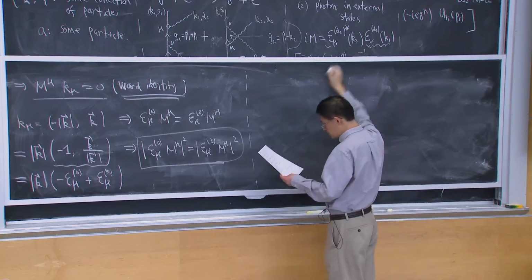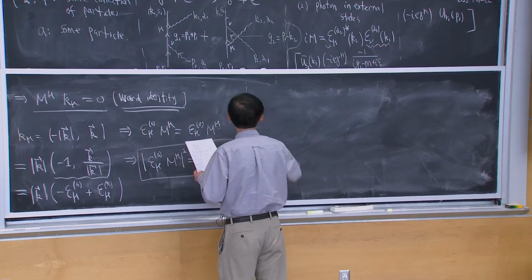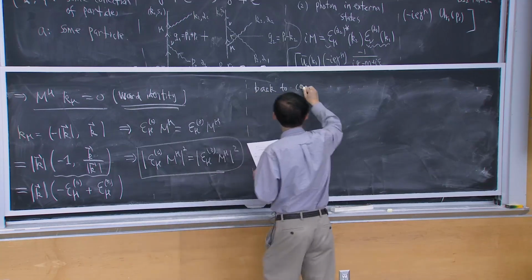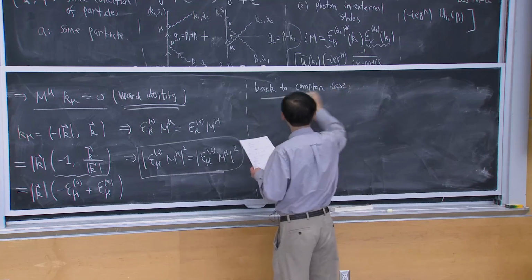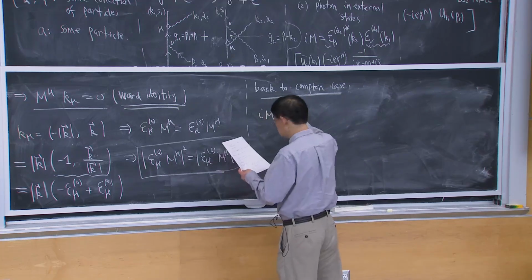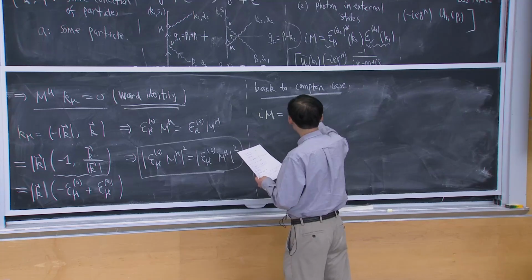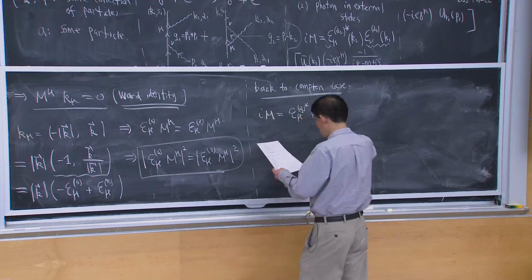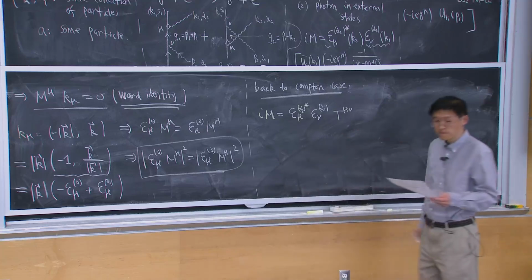So for simplicity, back to the Compton story, the amplitude then has the form: epsilon mu alpha 2 star and epsilon mu alpha 1, multiplied by some T mu nu. I call the rest T mu nu.